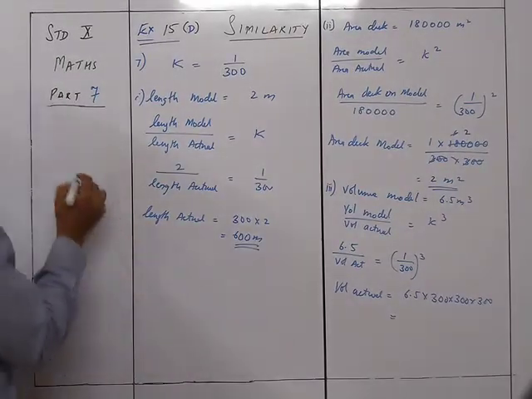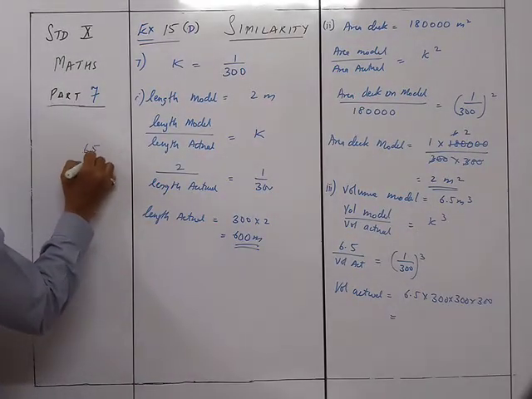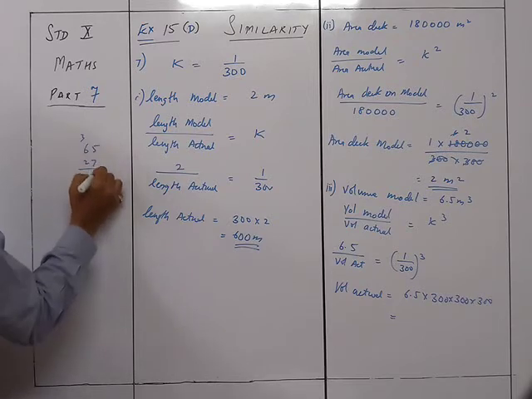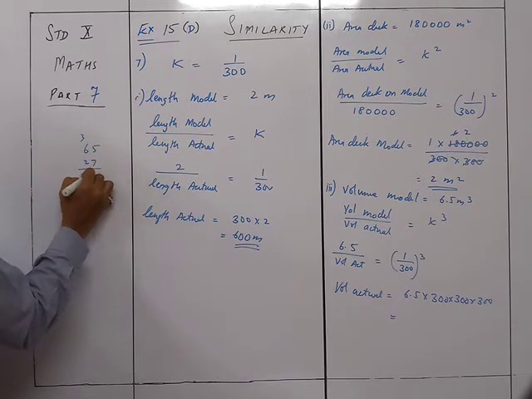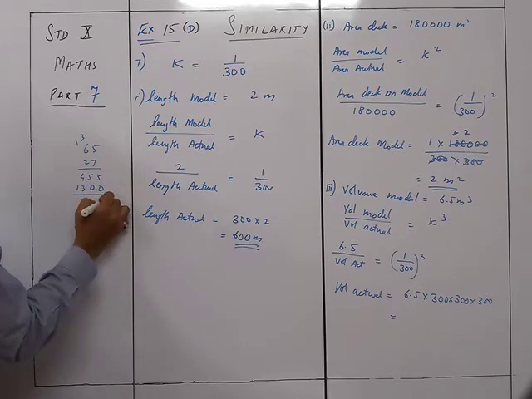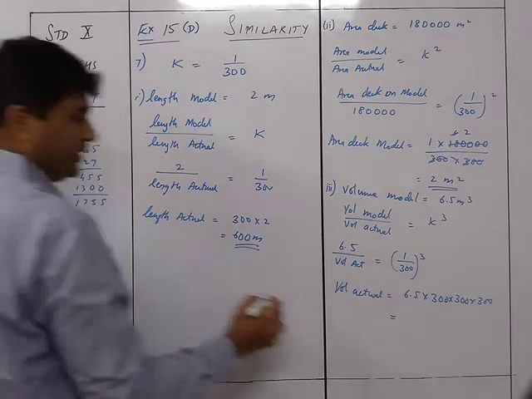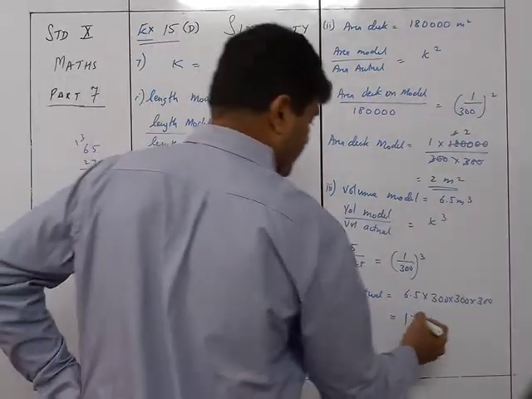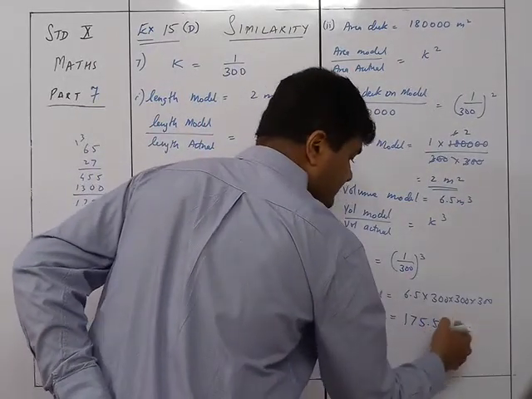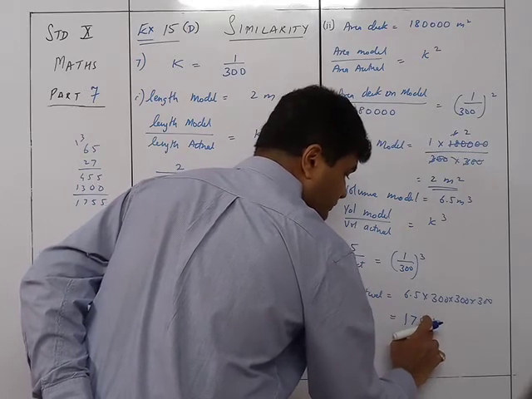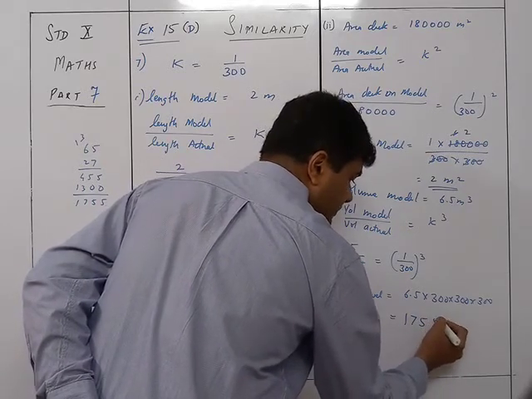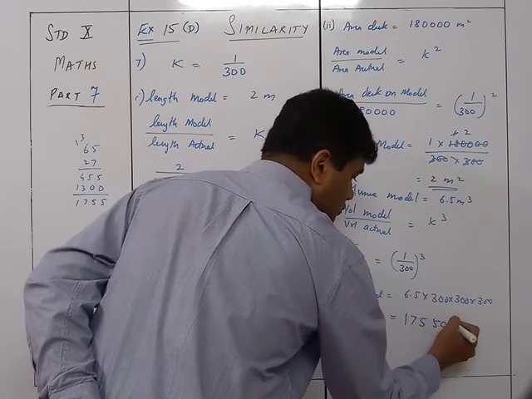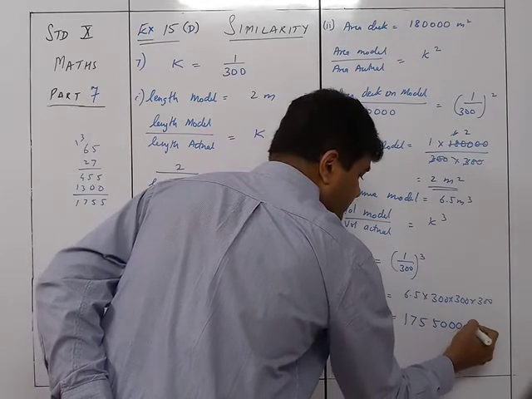3 is 9 and 27. Yeah, 6.5 into 27. So 35, 42, 45... So it will be 175.5 and then 6 zeros. Count them: 1, 2, 3, 4, 5, 6.